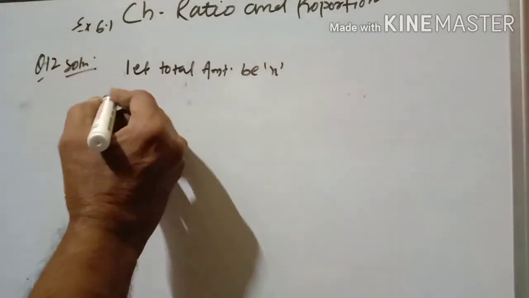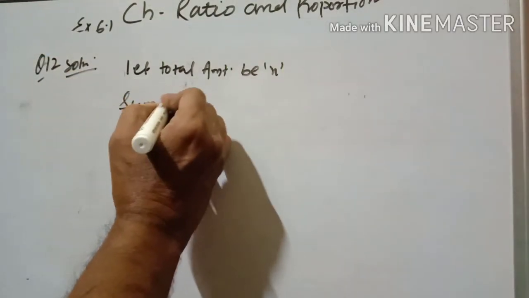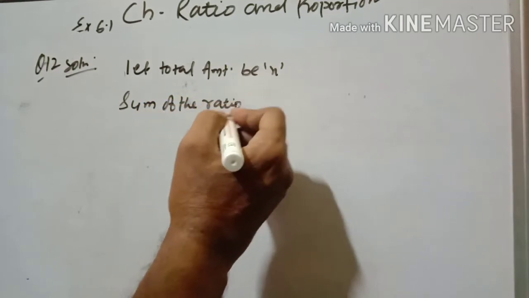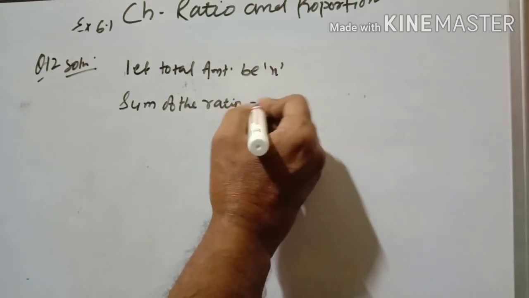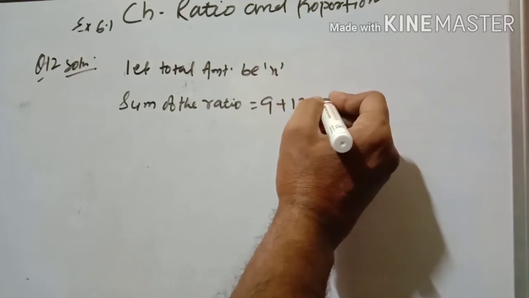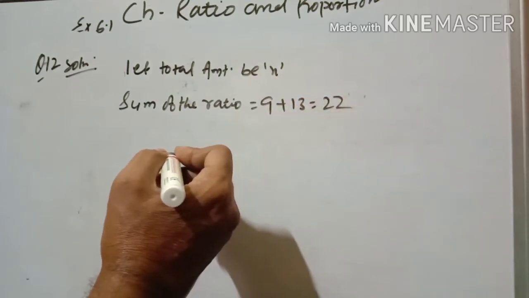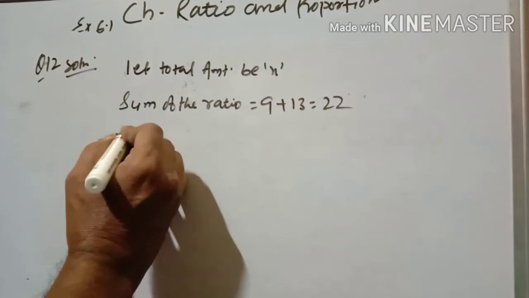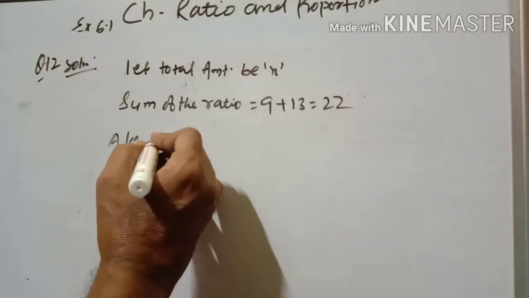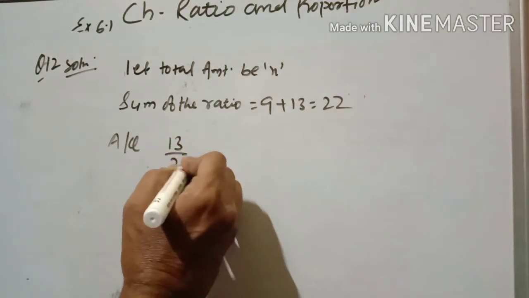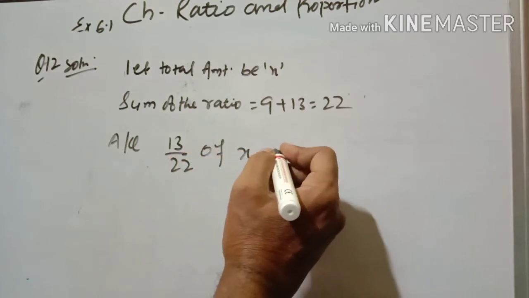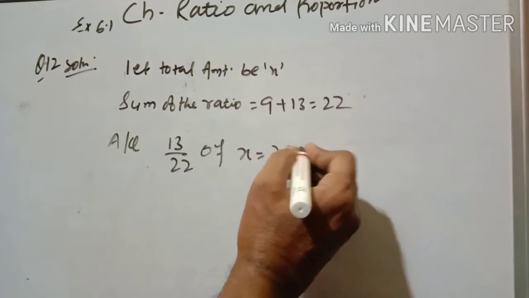So sum of the ratio equal to 9 plus 13 equal to 22. Now according to the question, I can write 13 by 22 of x equal to 260.